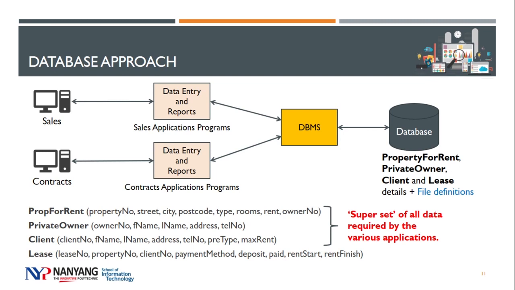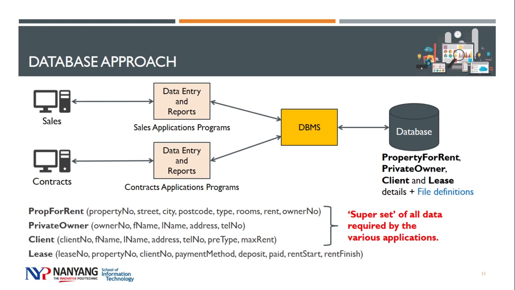Again, here we have the sales application program and the contracts application program. The different application programs will access the database through the DBMS, which serves as an interface. Each set of departmental application programs handles data entry, data maintenance, and the generation of reports.